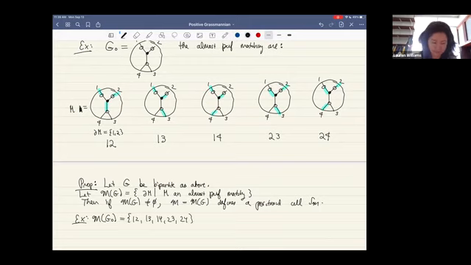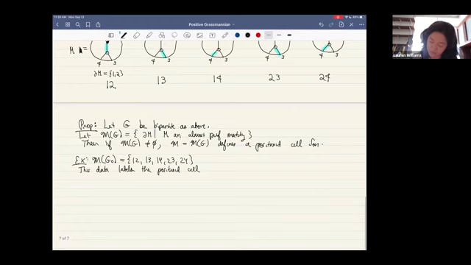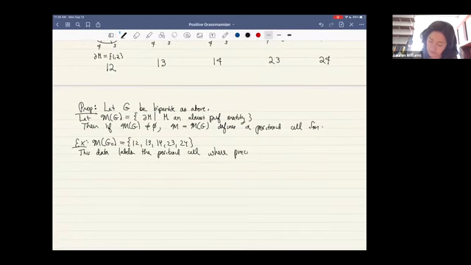And so this data labels the positroid cell where precisely these Plücker coordinates are strictly positive.